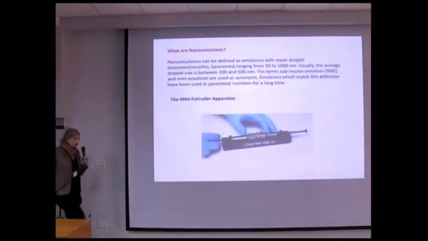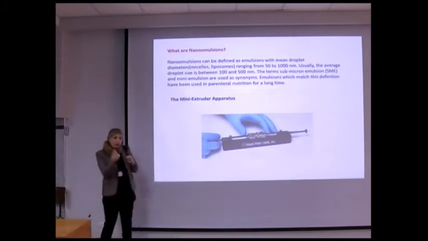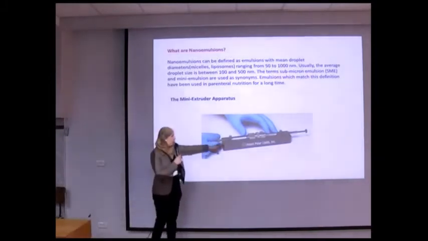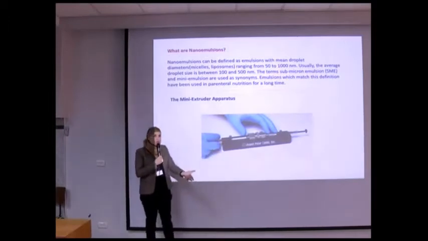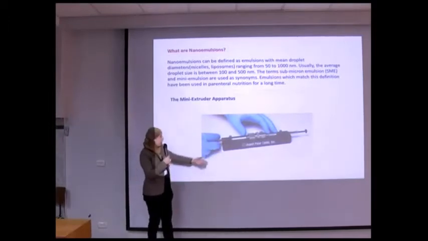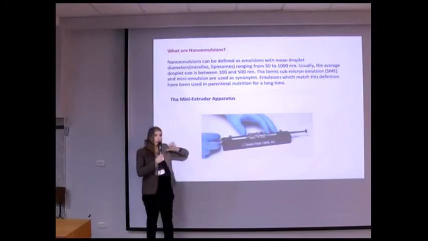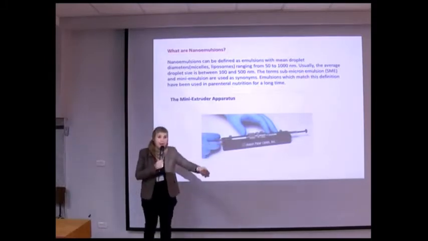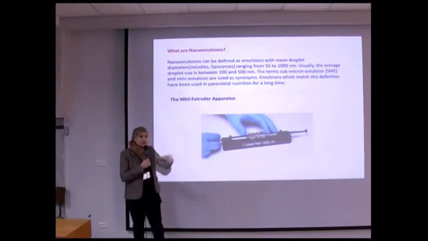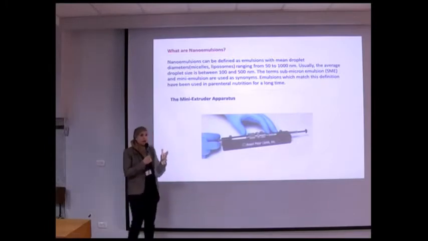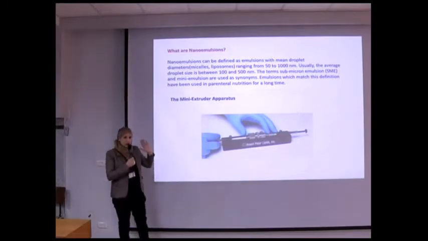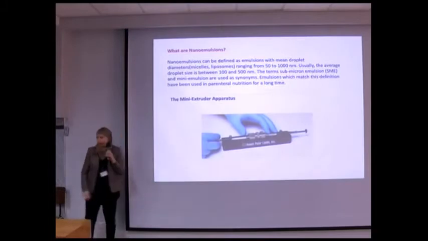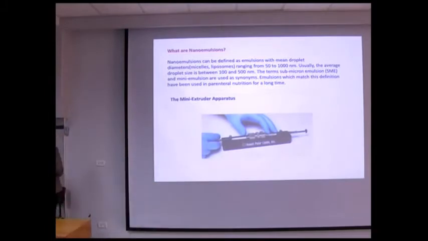First of all, can we do this by a simple way? The answer is yes, because by this simple apparatus, which is very simple to use and also very cheap, we just have to move the solution across a membrane several times, and we get a nano emulsion. Okay? So in the first step, we could do this.